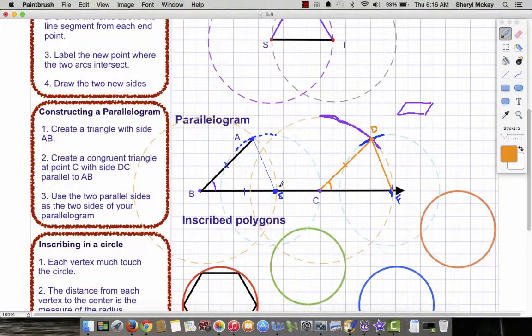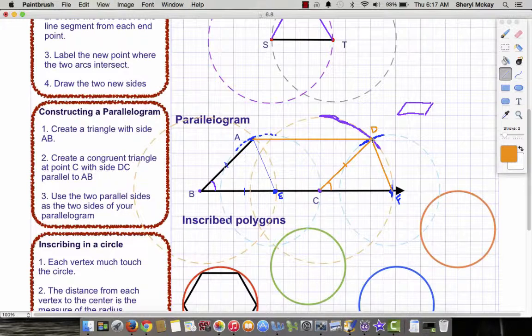So now I have the two parallel sides of my parallelogram. I have this side BC as the bottom, and my last side to connect is AD right here, and I've created a parallelogram. A, B, C, D. See that?